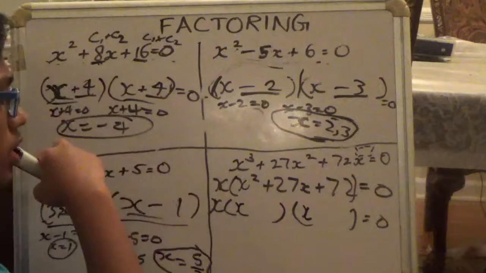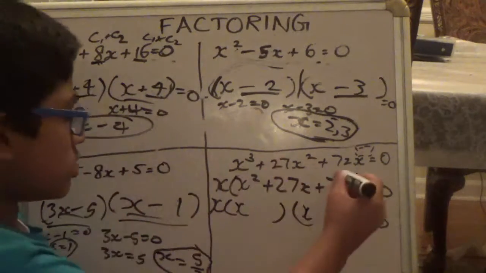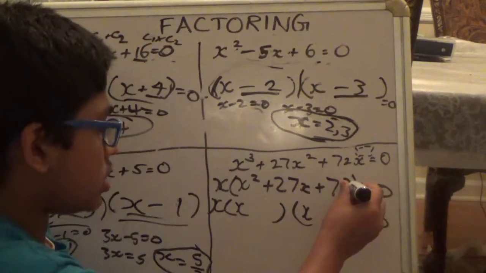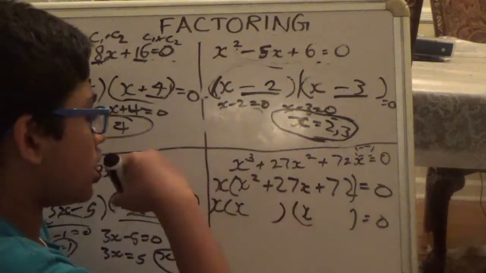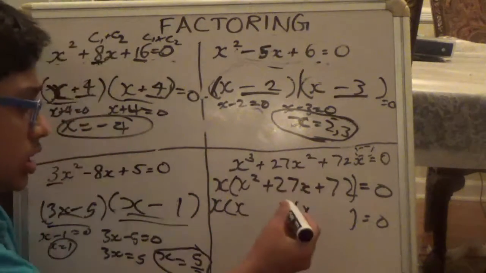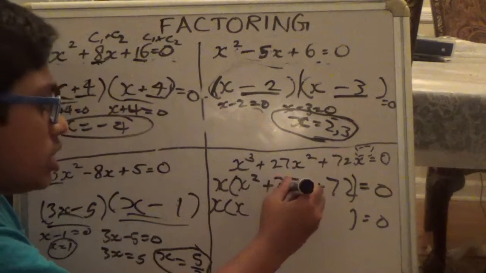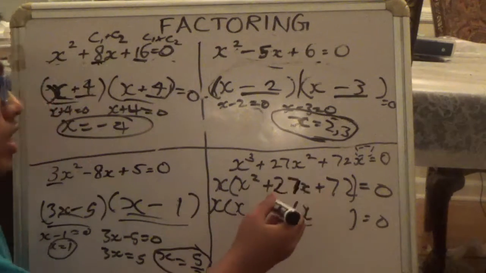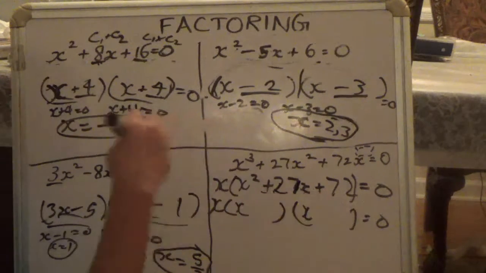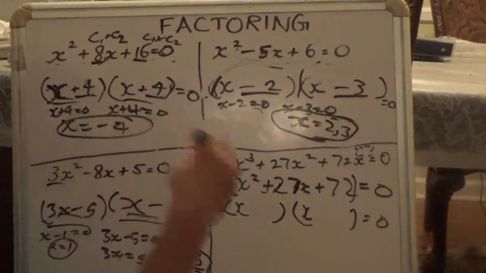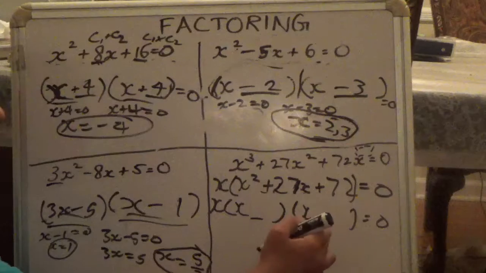Let's do what we have been doing the whole time: something times something equals this, and something plus something equals that. I see a big number over here, so I'm not going to list every possibility of 72, because that'll take forever. Since we have all positives, the results are going to be positive down here.